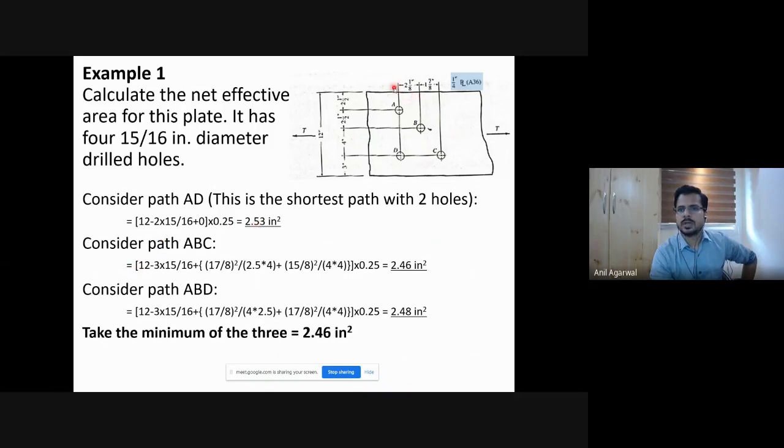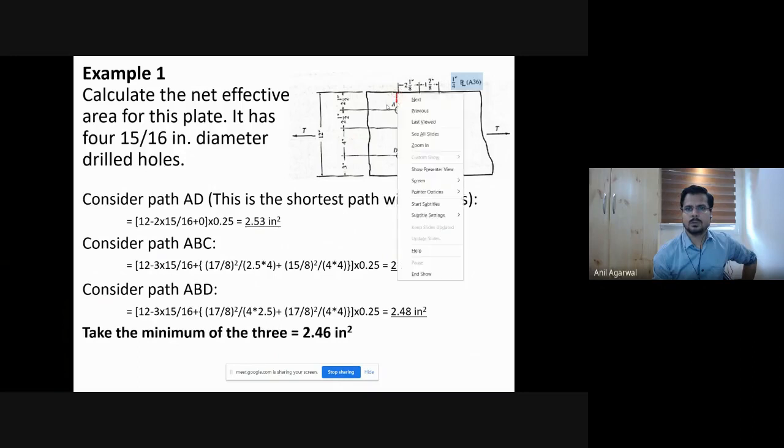Now you can consider several paths. One possible path could be this one, AD, correct? That seems like a shorter path.